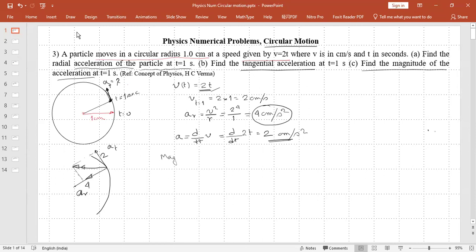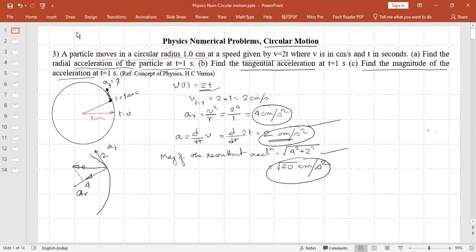The magnitude of the resultant acceleration is the square root of 4 square plus 2 square, which is equal to root 20 centimeter per second square. So these are the three answers of this question.